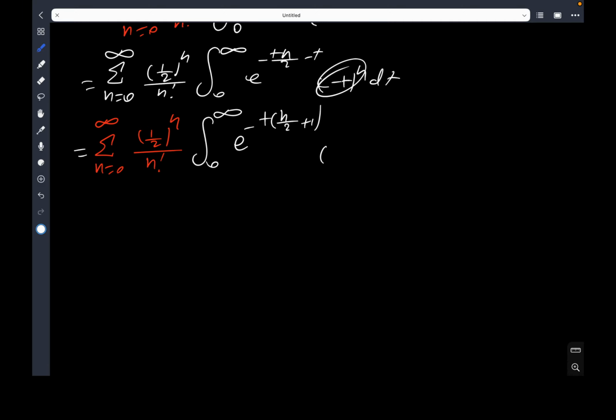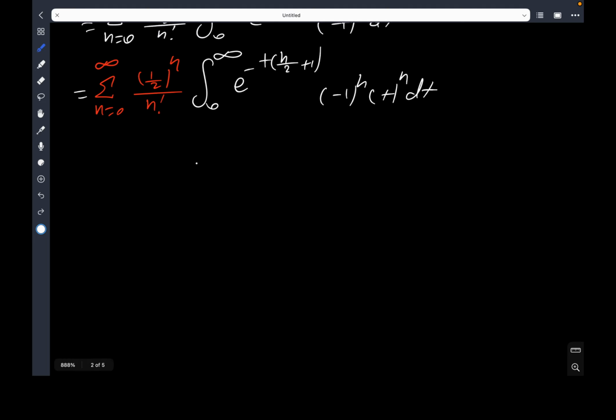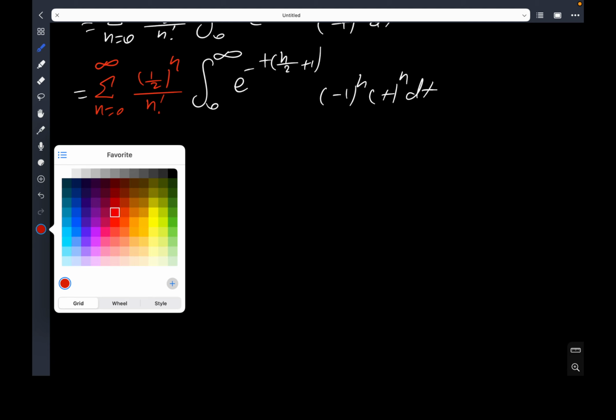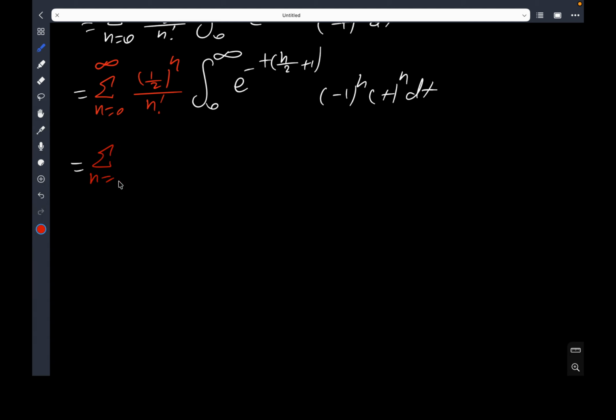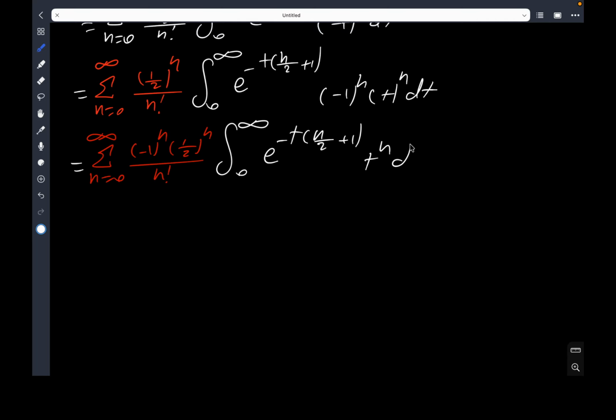Times, I can expand this 2 out as well, it's going to be (-1)^n times t^n dt, and I can move this negative 1 out, and it's going to be the infinite sum from n equals 0 to infinity of (-1)^n (1/2)^n over n factorial, times the integral from 0 to infinity of e to the negative t times (n/2 + 1) t^n dt.